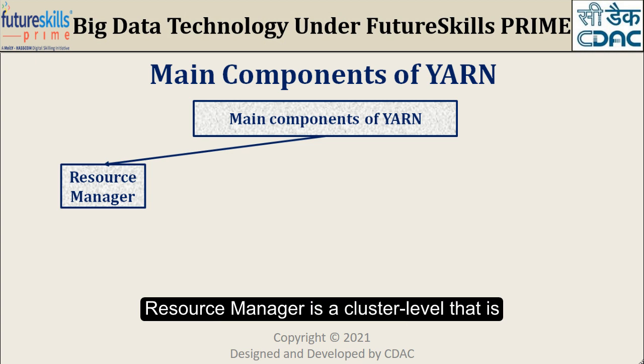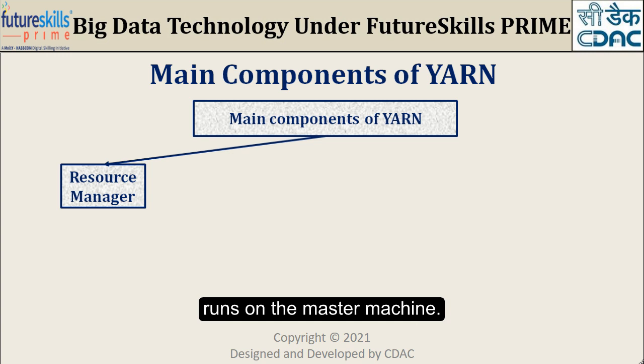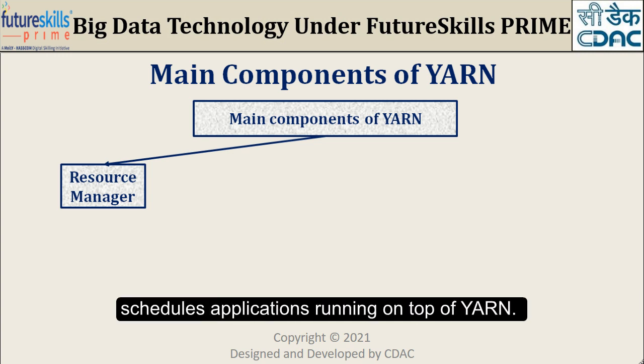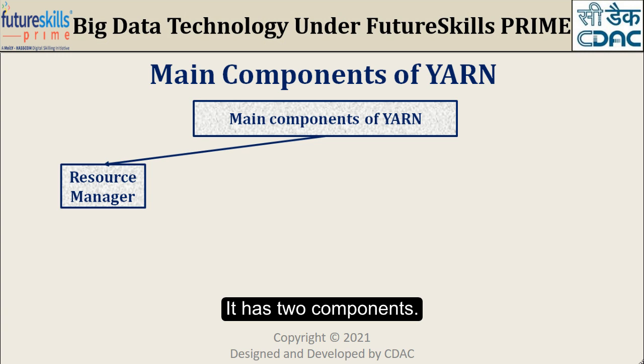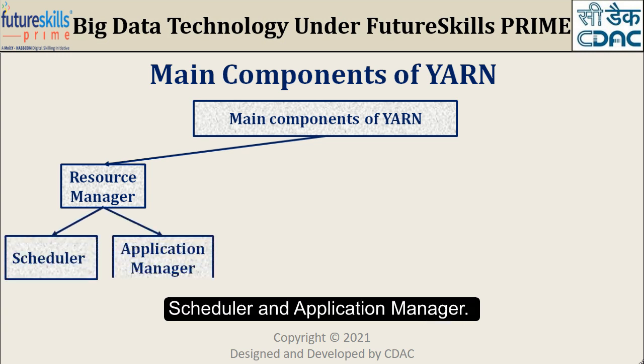Resource Manager is a cluster-level component, that is, one for each cluster, and runs on the master machine. It manages resources and schedules applications running on top of Yarn. It has two components, Scheduler and Application Manager.